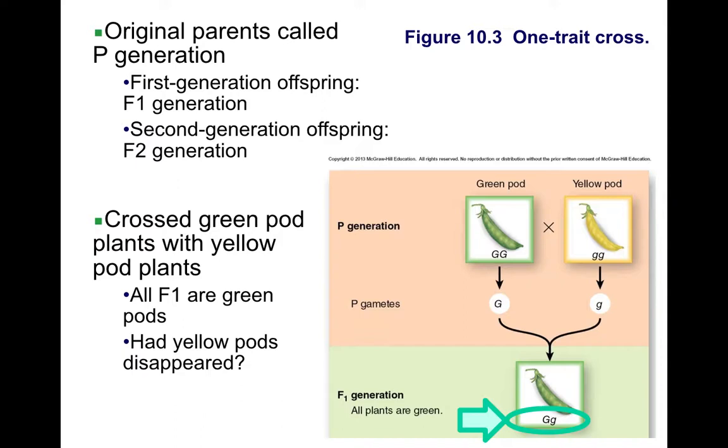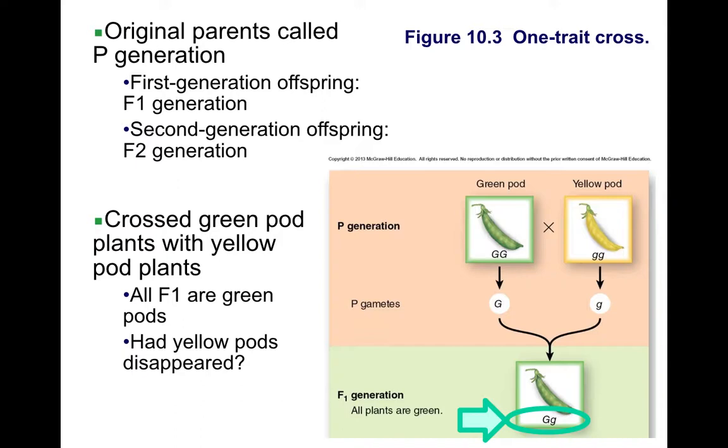No, it does not. The cool thing here is that you will notice that we still have the lowercase g there. So one of the alleles of the offspring carries a chance for a yellow pod on a genetic level. But we just cannot see it. The phenotype does not show it.